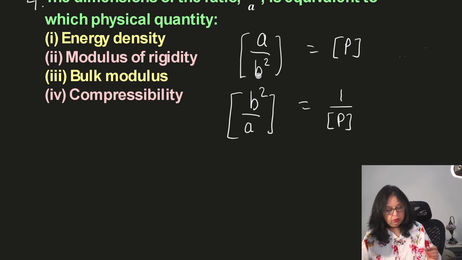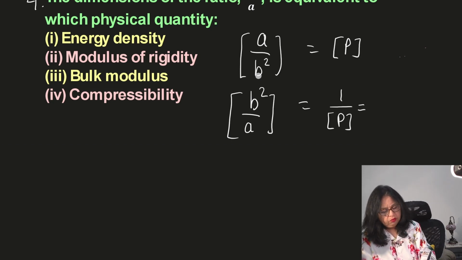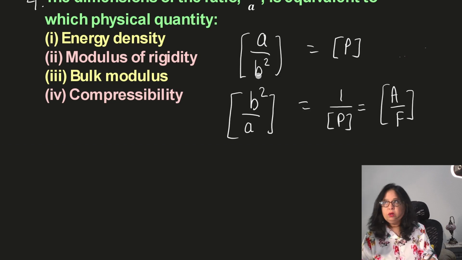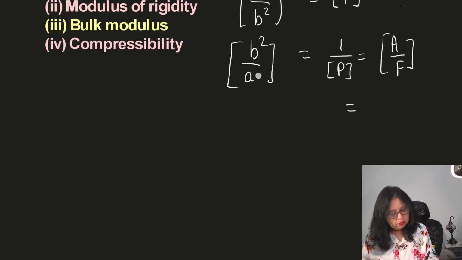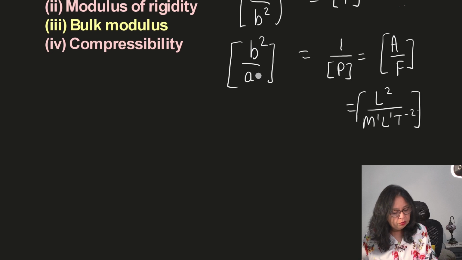Okay, so let's look at this for a second. Pressure is force per unit area, correct? So this will give us the dimensions of B squared over A to be L squared at the top, M1 L1 T minus 2 at the bottom. What does this give us?